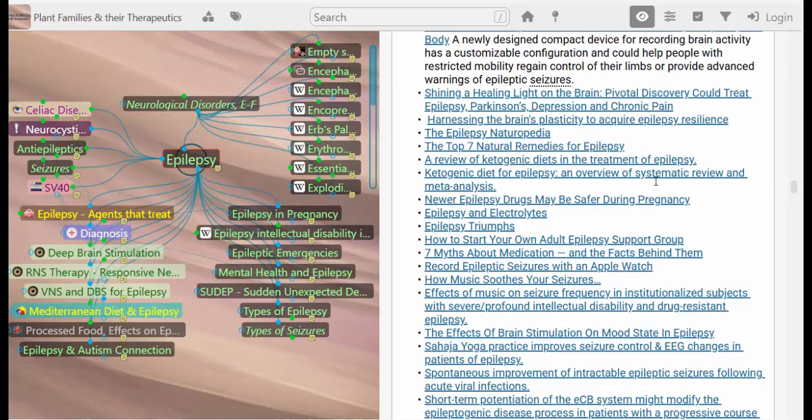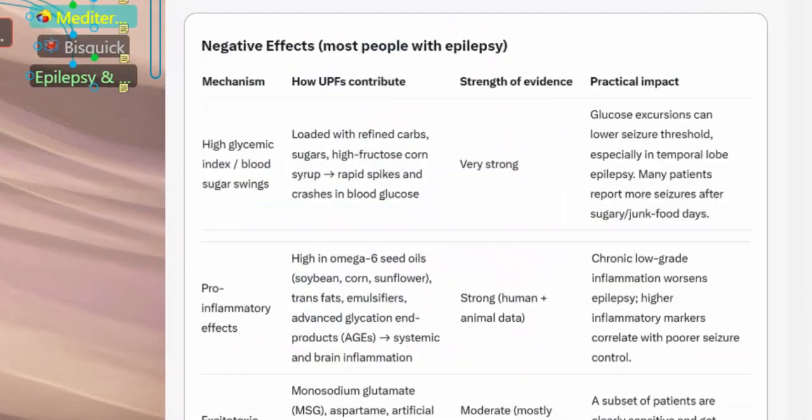Okay, so let's skip over to the left-hand side and take a look at processed foods' effects on epilepsy. Most people with epilepsy experience negative effects from eating processed foods.